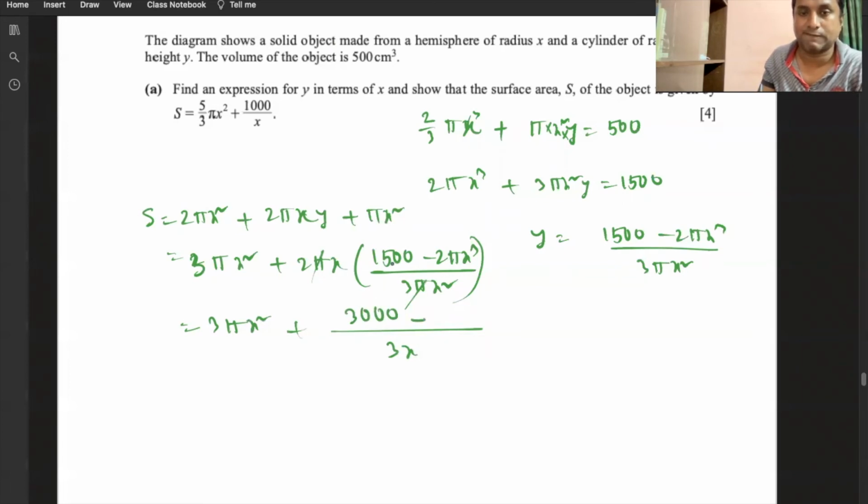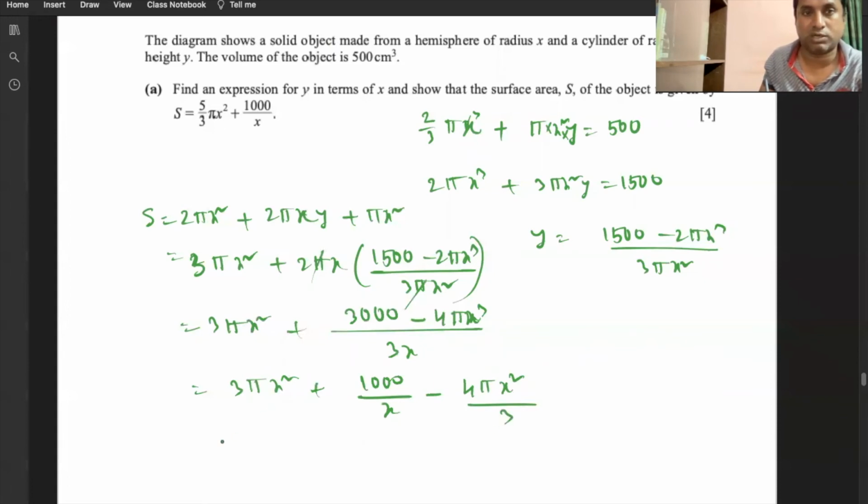minus 3000, then 2 multiply 4 pi x cube. Now let me bracket, that is 3 pi, so this is 1000 divided by x minus 4 pi x square by 3.